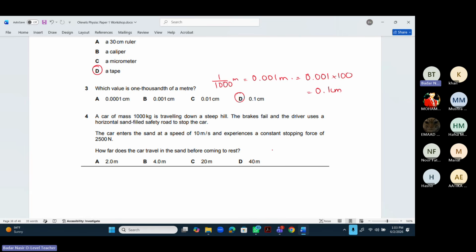So we have a car, and its mass is 1000 kg.